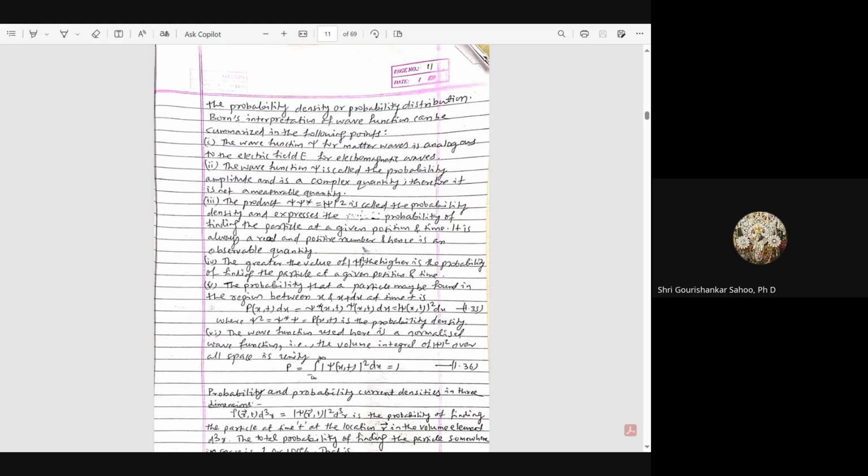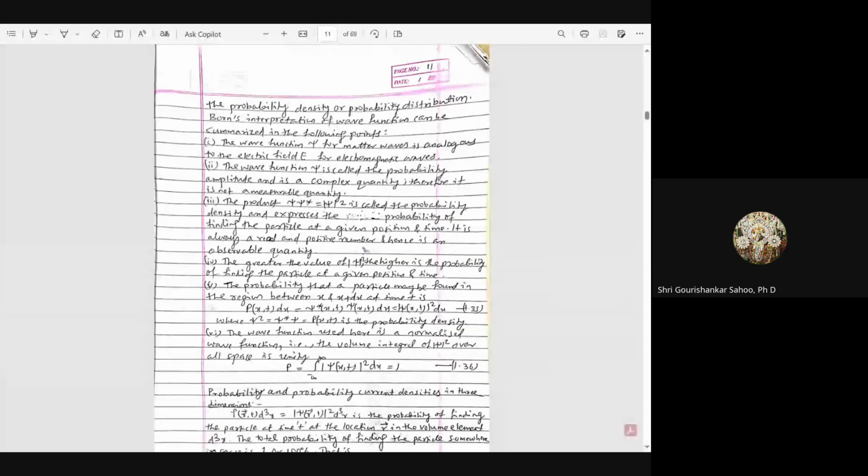Whereas the product psi dot psi star, which is equal to modulus of psi square, is the probability density and expresses the probability of finding the particle at a given position and time. It is always a real and positive number and hence is an observable quantity.